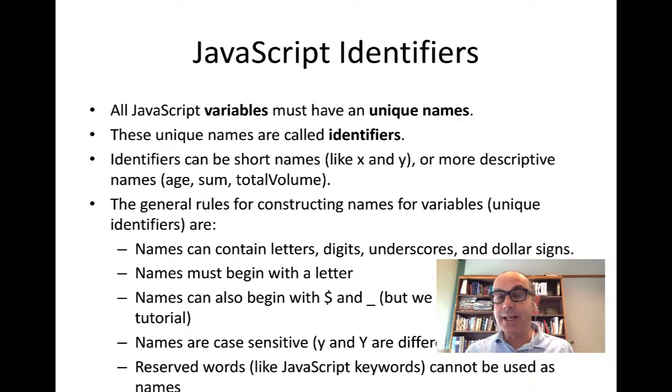Another thing that I want to remind you of is identifiers. In all JavaScript, variables have to have unique names. Those unique names are called identifiers. Identifiers can be short, like x or y, or more descriptive, like age, sum, or total value, in order for us to generate something more meaningful.